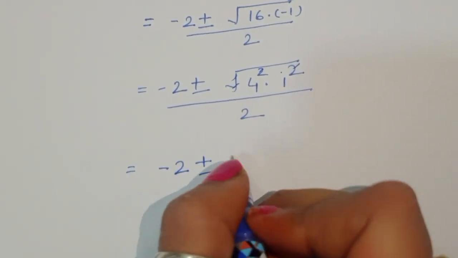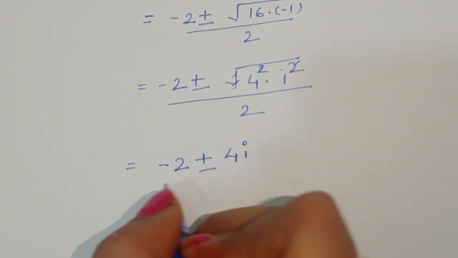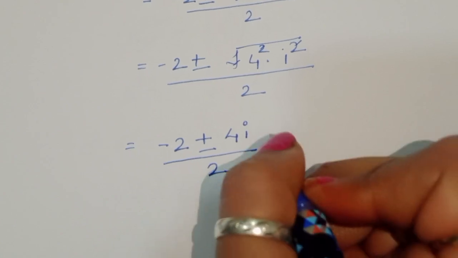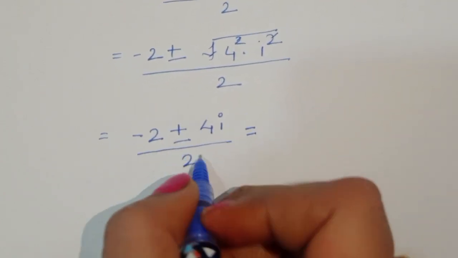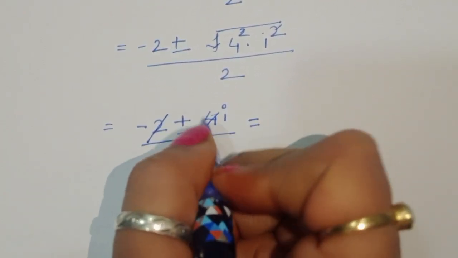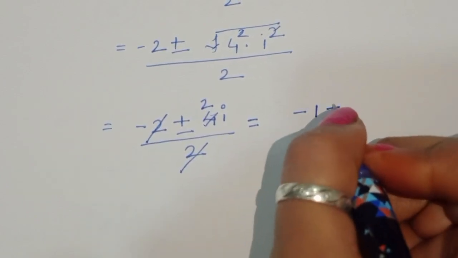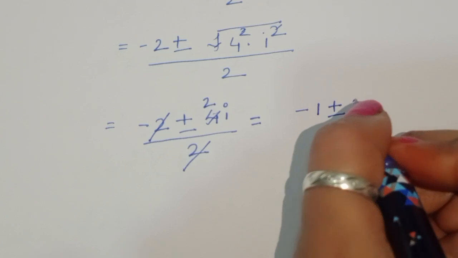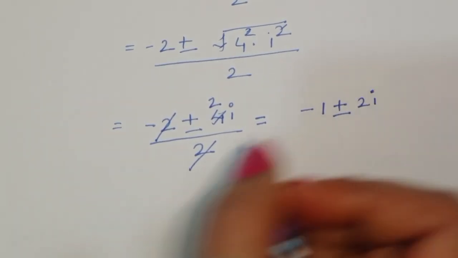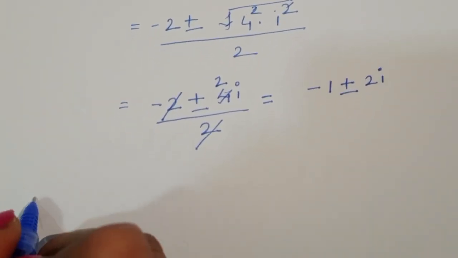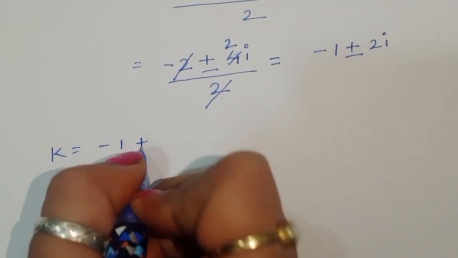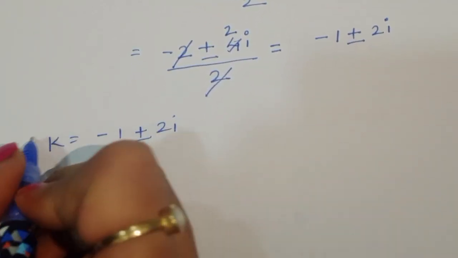So minus 2 plus minus 4i divided by 2; this 2 cancels with the 4, leaving minus 1 plus minus 2i. This is the value of k.